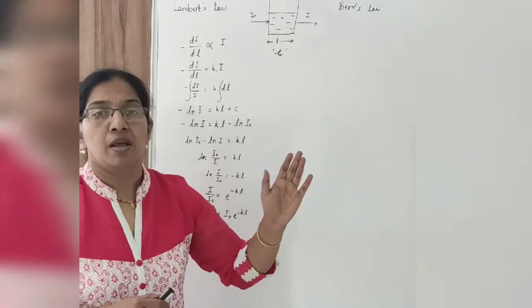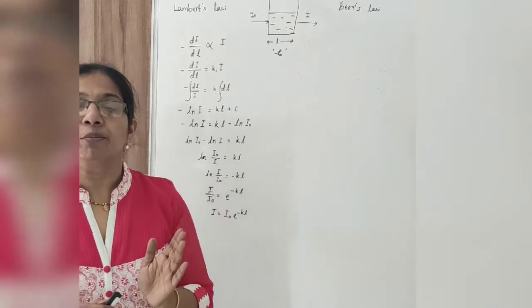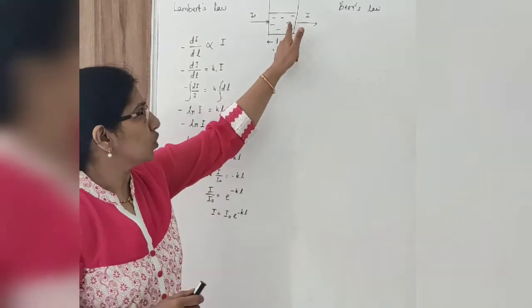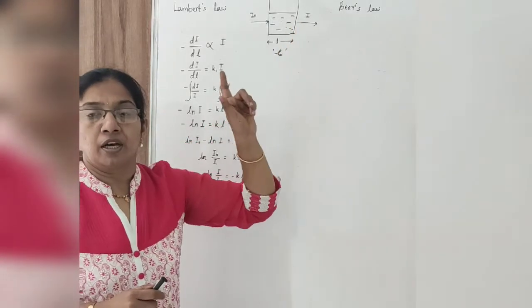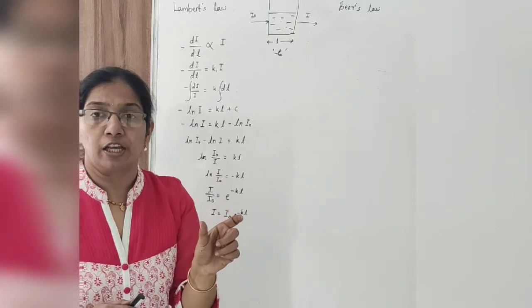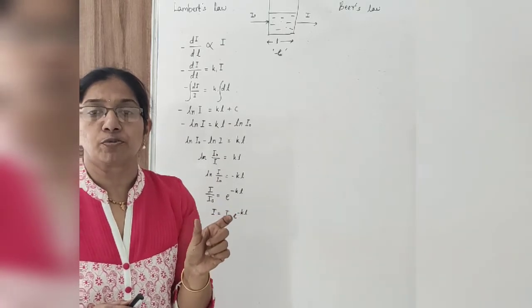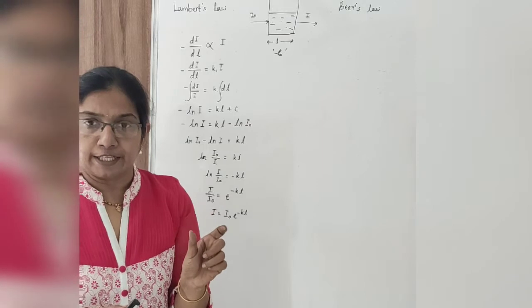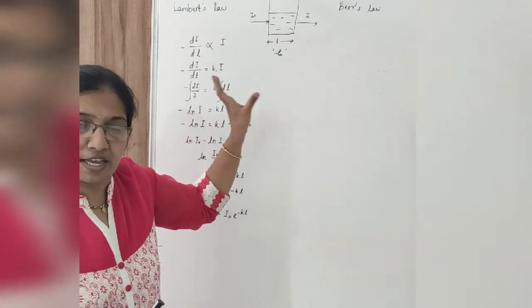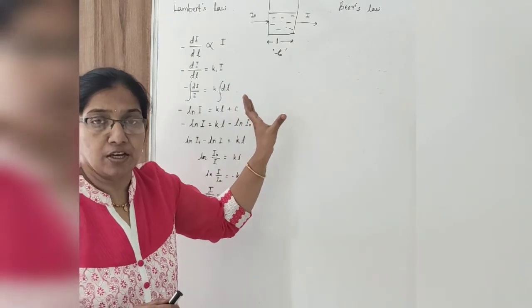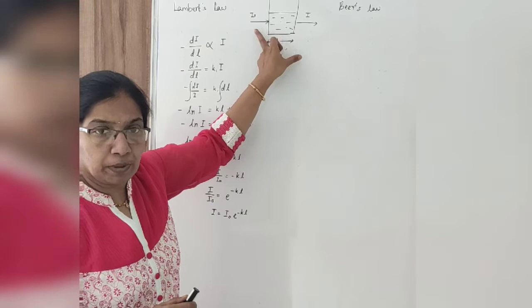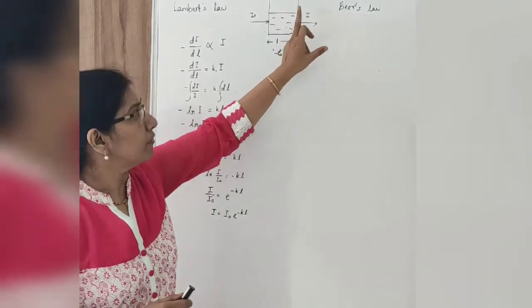The same is stated by Beer. According to Beer's law, when a monochromatic radiation passes through absorbing solution, the intensity decreases exponentially as the concentration of the solution increases. Lambert stated the same for the decrease in intensity of the transmitted radiation with path length of this absorbing solution.